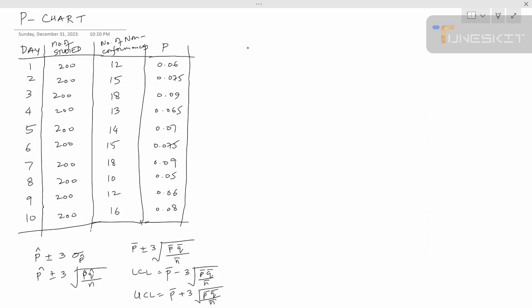That's 0.715 as the sum, and 0.0715 would be the p bar value. P bar equals the summation of p i values divided by k, where k represents the number of days or the number of values.